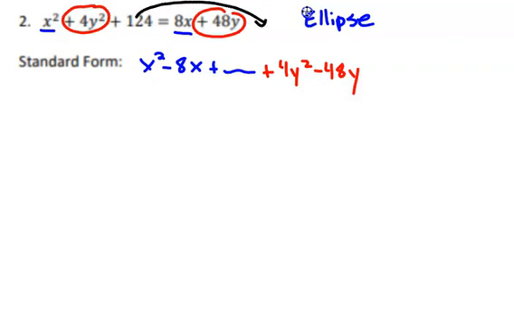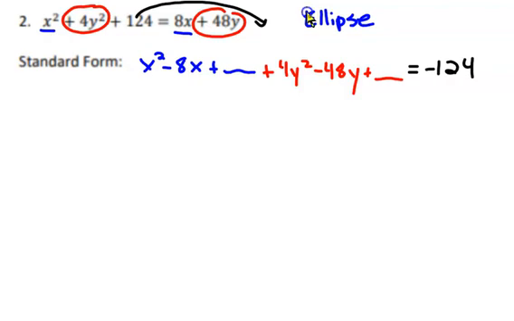Then this goes over here as minus 48, minus 124. We have the x's on the left, so I subtracted 8x from the right, so I have x squared minus 8x. I subtracted 48y from the right, so I have 4y squared minus 48y. And I subtracted 124 from the left, and it's negative 124 on the right.